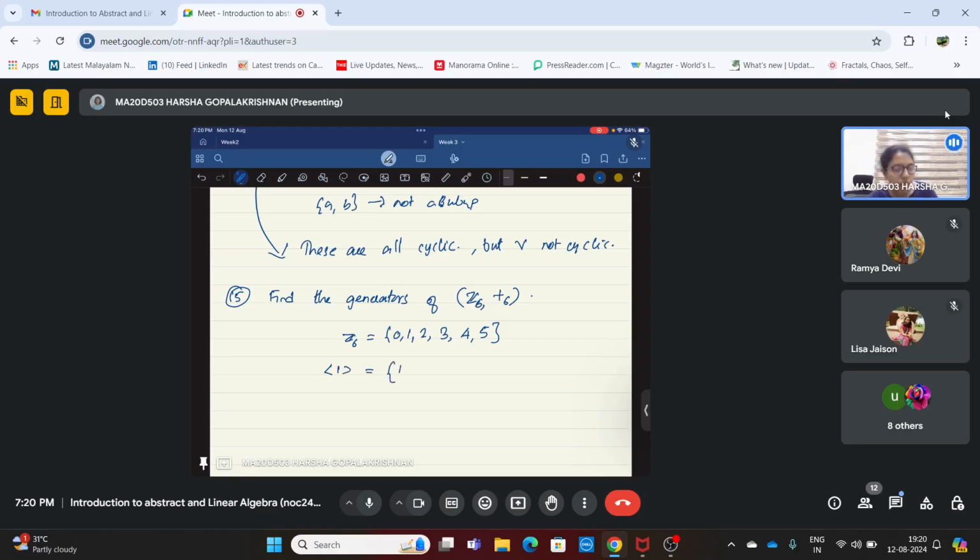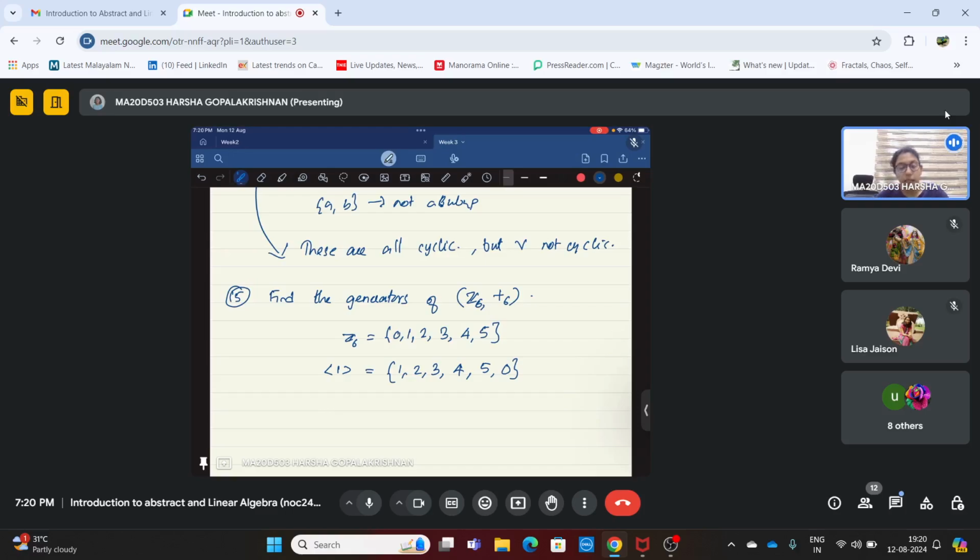Because first we start with 1. 1 plus 1 is 2. 2 plus 1 is 3. 3 plus 1 is 4. 4 plus 1 is 5. And what is 5 plus 1? It is not 6. Since it is under addition modulo 6, it is 0. So what we got? We got the whole Z6. Okay, now leave that.